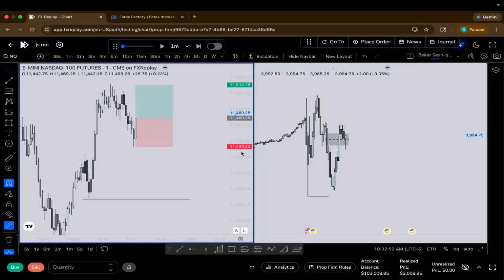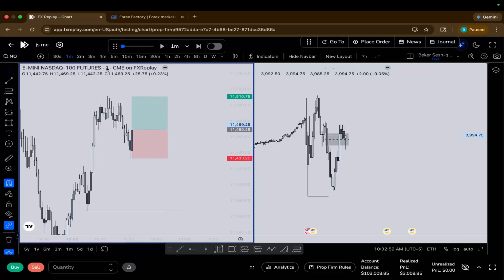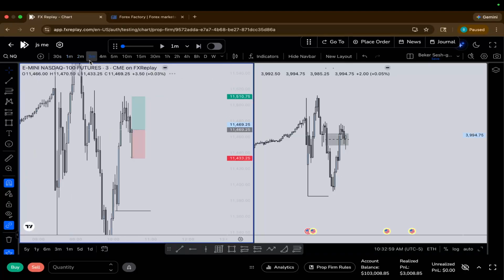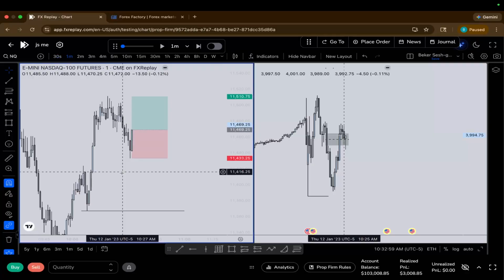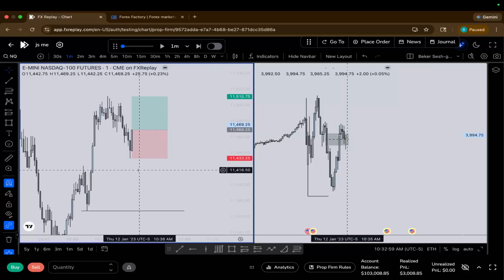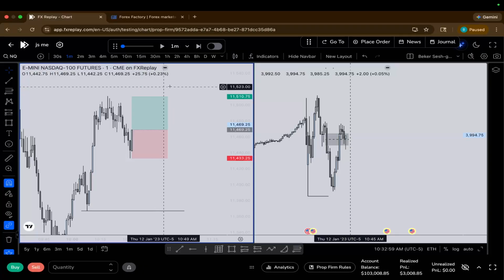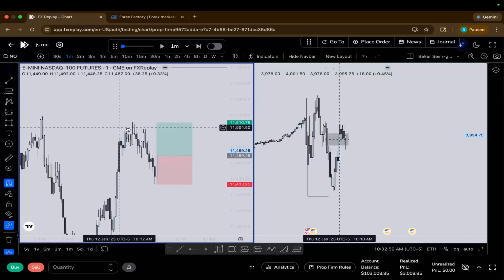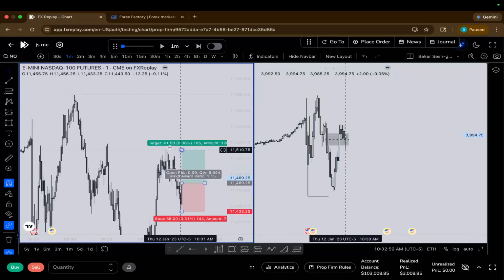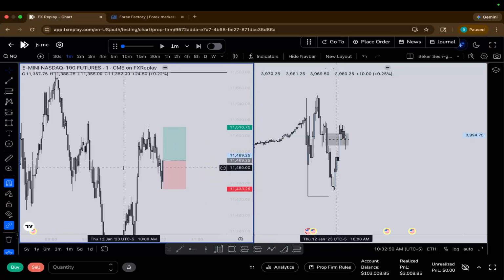However, I feel like we could still go lower and just get cooked. Why would we go lower? That's what you want to ask yourself. How can I lose? How can I win? How can I win? 10:30 PO3 plus narrative plus DOL press targets. Like everything looks pretty good.